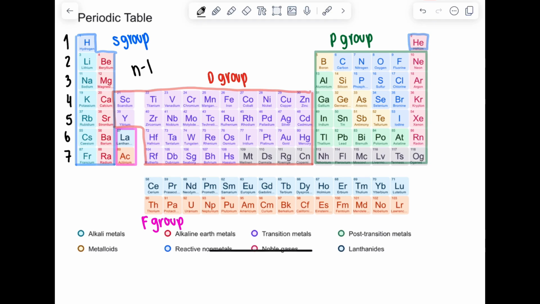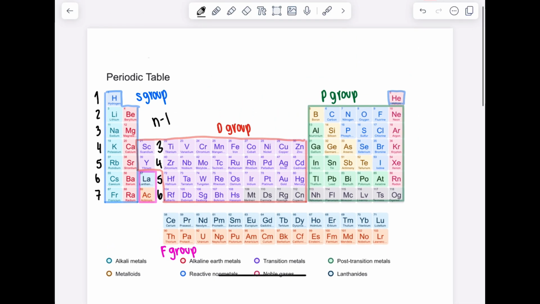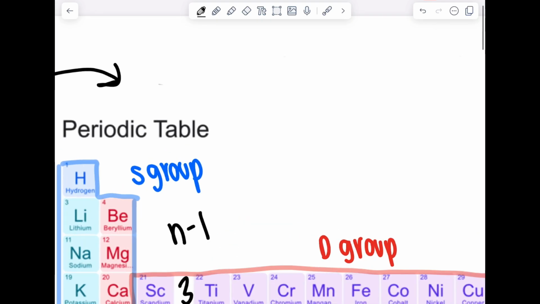So n minus 1 basically means 4 minus 1 is 3, so right here we'll start from 3. 5 minus 1 is 4, 6 minus 1 is 5, and 7 minus 1 is 6. So that's how you classify your energy levels.